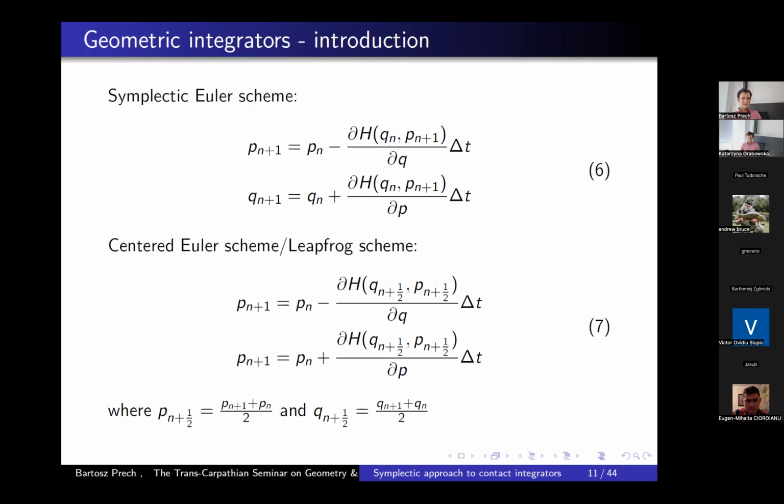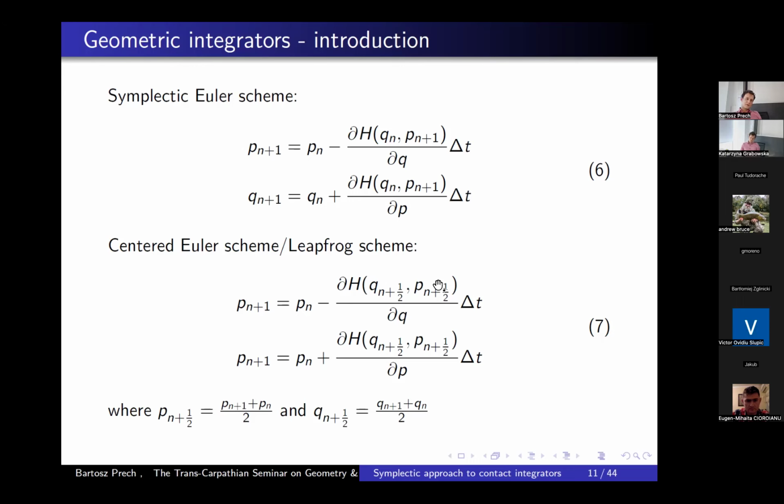So there's a symplectic Euler scheme, and it contains the mixed derivative term of the Hamiltonian. There's mixed q_n and p_n in the next step. So you can prove by some calculations that it is actually a symplectomorphism.